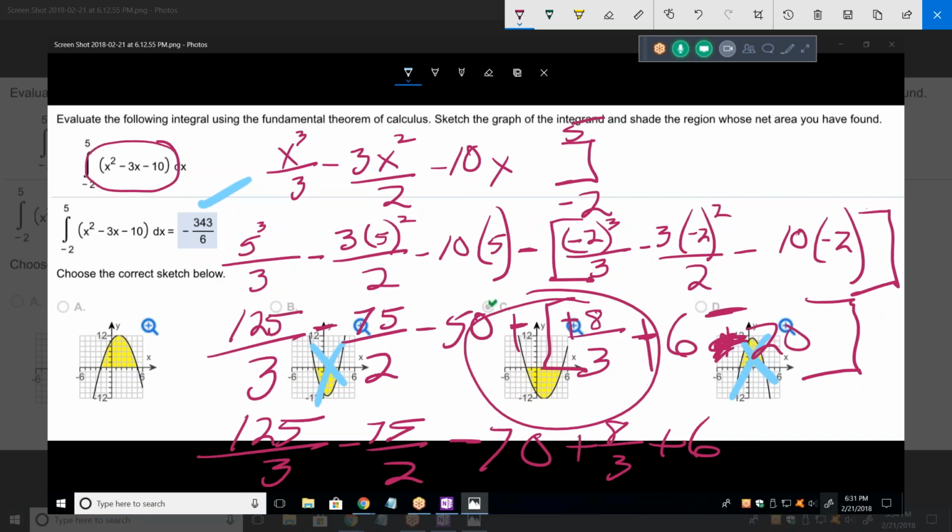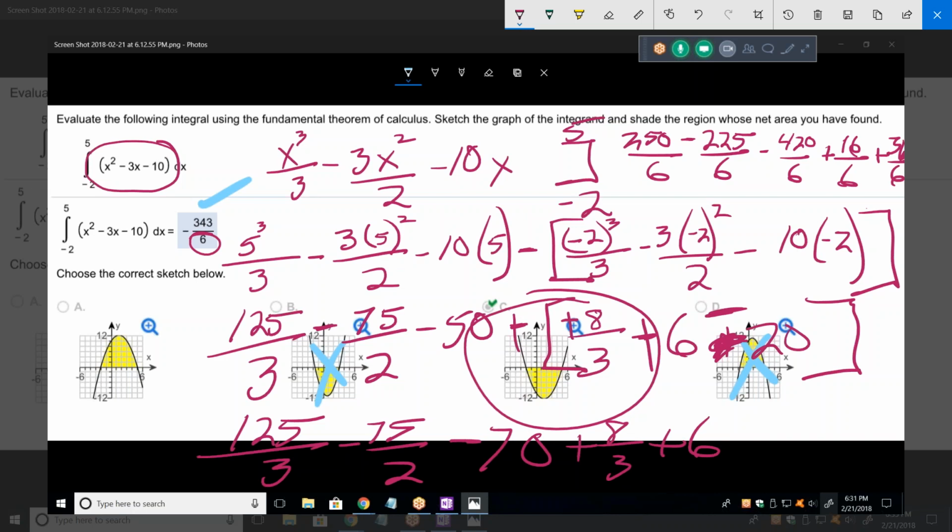And we're going to use a common denominator of 6. So that's 250 minus 225. These are all over 6. Minus 420 over 6 plus 16 over 6 plus 36 over 6.